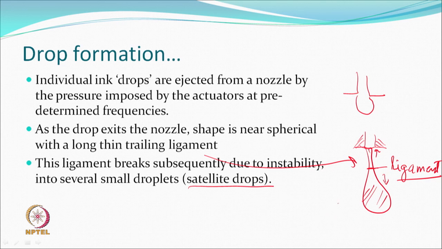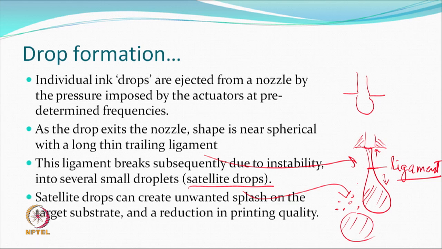You may have a big drop which is going to become spherical, and small drops, as it is breaking, may also get created, and these are called satellite drops. I do not think it is a good idea. The satellite drops can create unwanted splash on the target substrate, whether it is paper or fabric, and this obviously means there is a reduction in print quality.